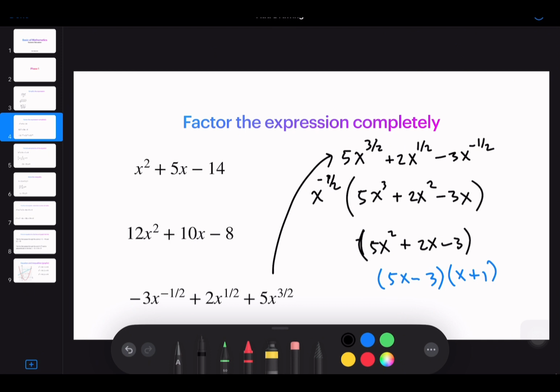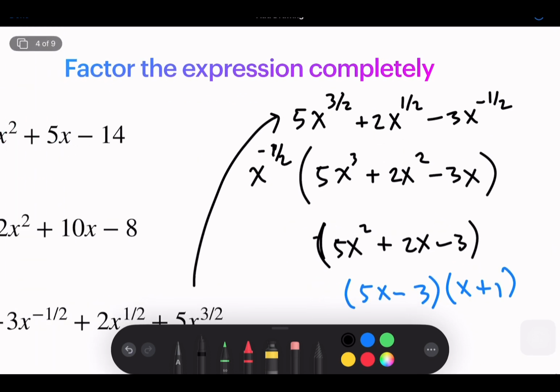That's what I'm confused about. Where's the minus 1? Oh yeah.